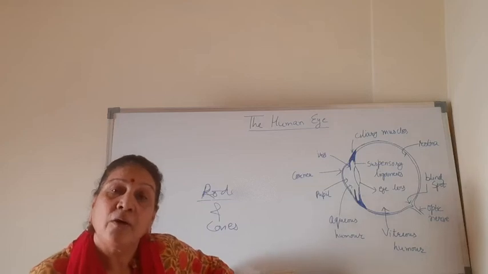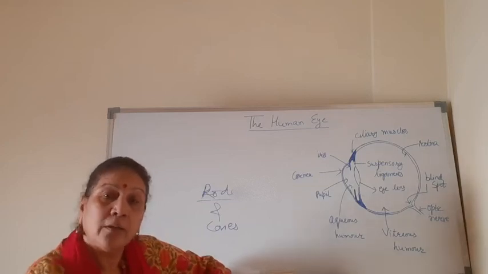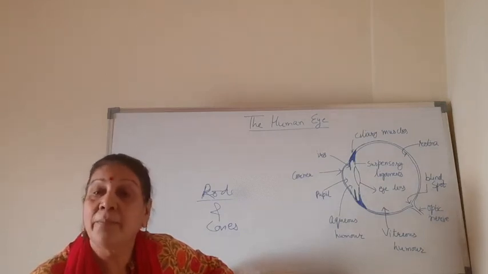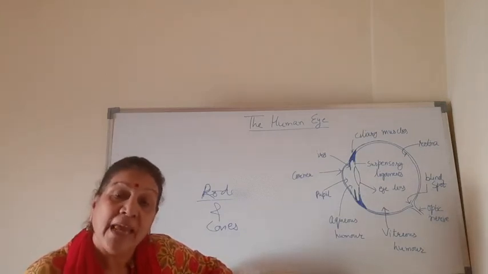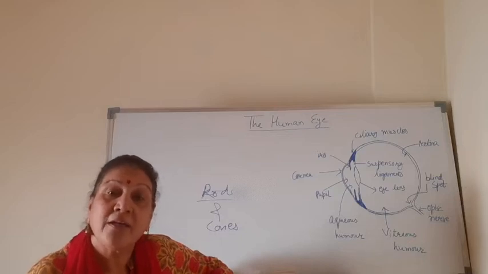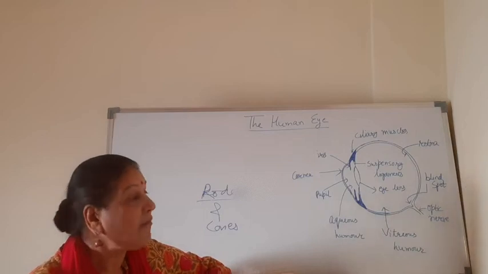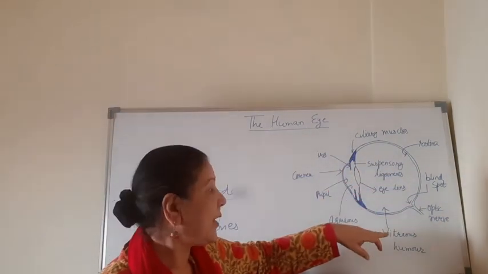The cones are sensitive towards colors and bright light, so we are able to identify colors only because of the cone-shaped cells in the retina.